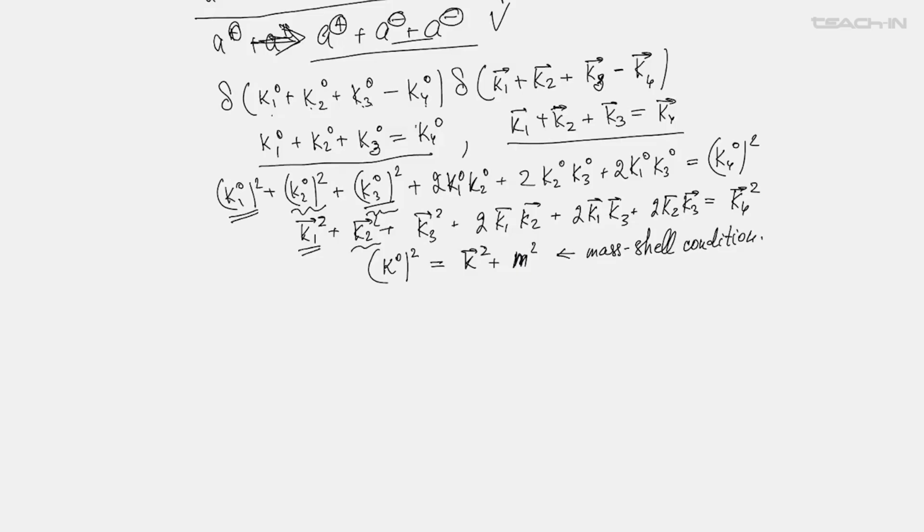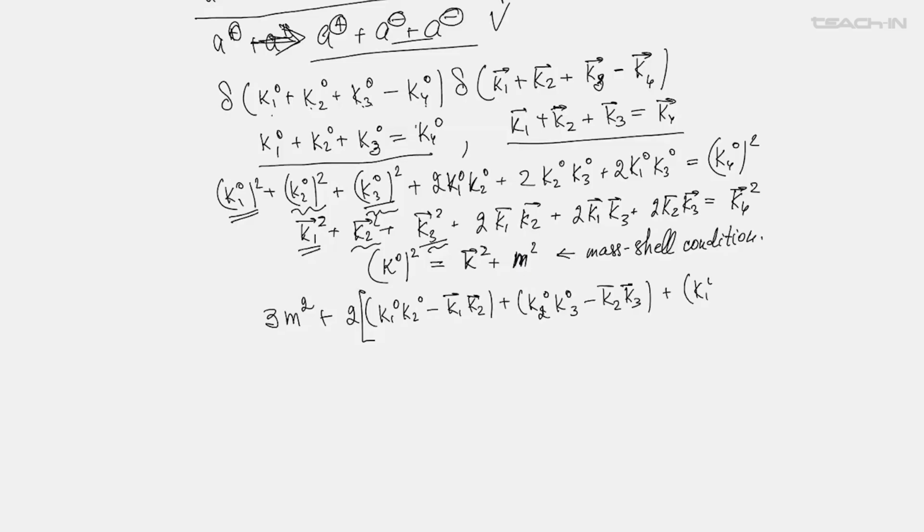And as concerns the rest, you will get 2 bracket K10 K20 minus K1 K2, plus bracket K10 K30 minus K1 K3, plus bracket K20 K30 minus K2 K3.